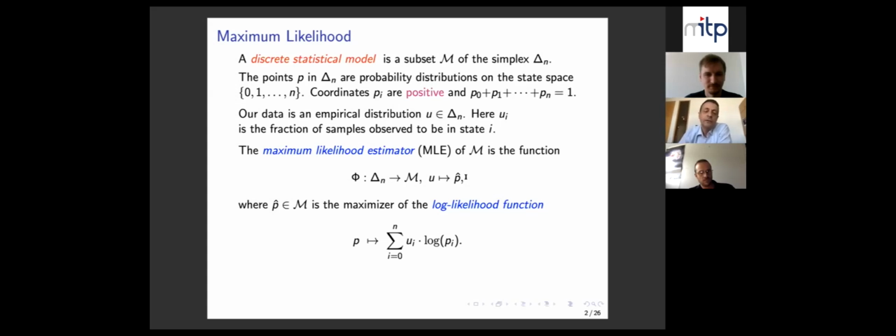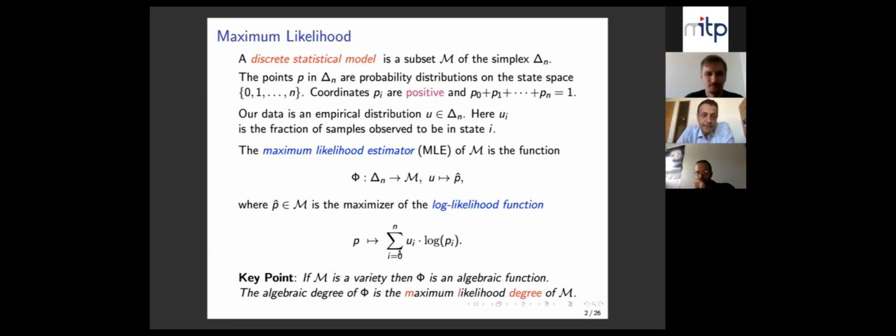The log likelihood function is the linear combination of the logarithms of the p_i, the unknown positive probabilities, and the coefficients u_i are the data. This is the function we seek to maximize, and if there's a unique maximizer, we call it p hat, and that's the maximum likelihood estimate for the given data with respect to the model.